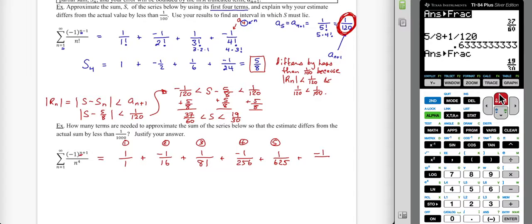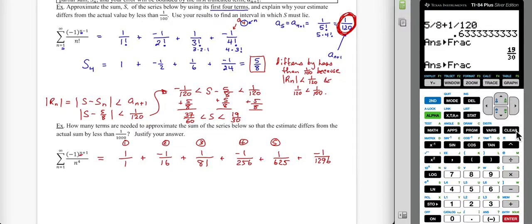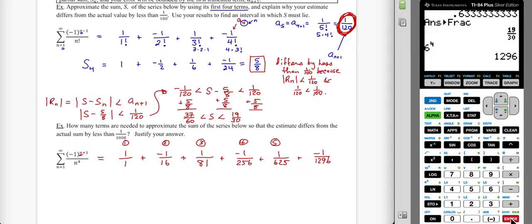36 times 36, I believe, is 1296, but let me just verify. I could just do 6 to the fourth. Clear, 6 to the fourth. Yeah, 1296. We only care about the absolutes, so we would cut it off here. This would be my sixth term.